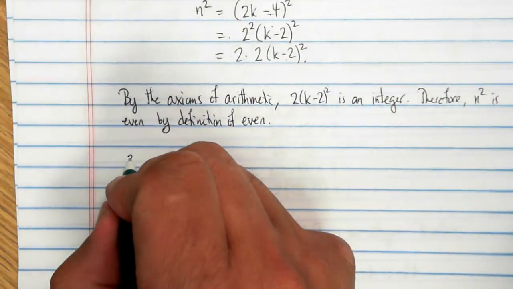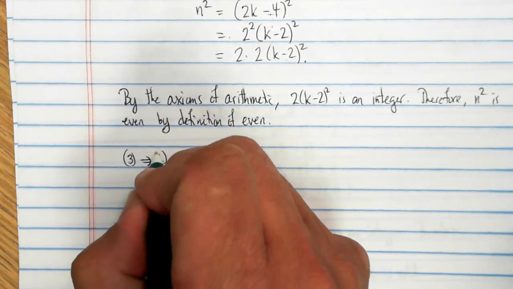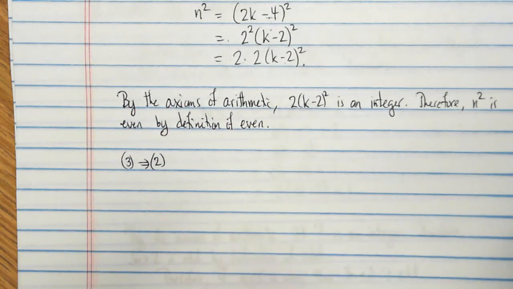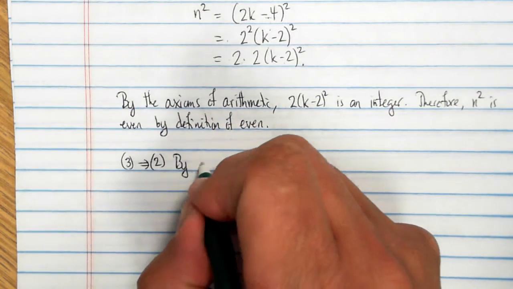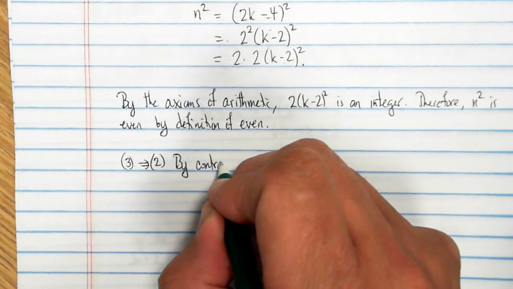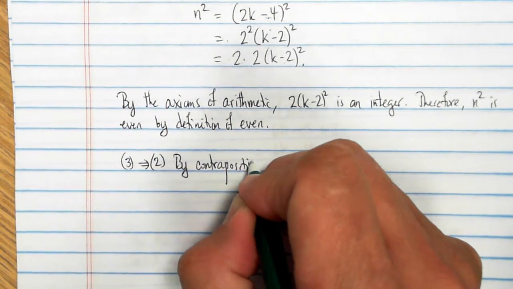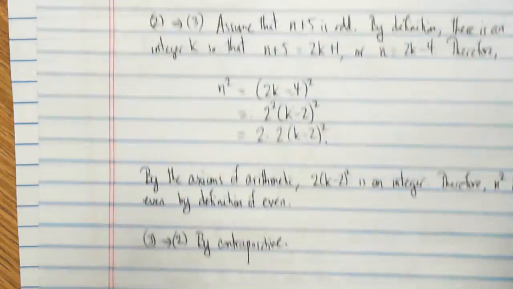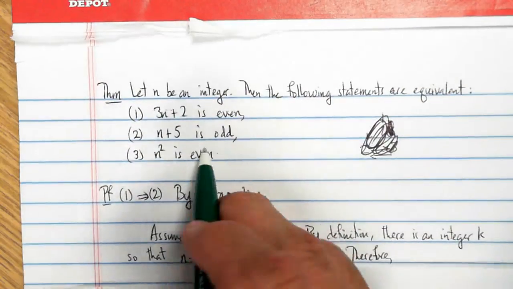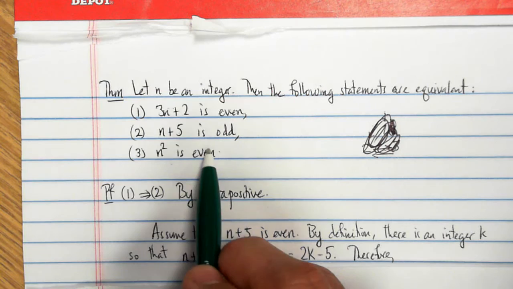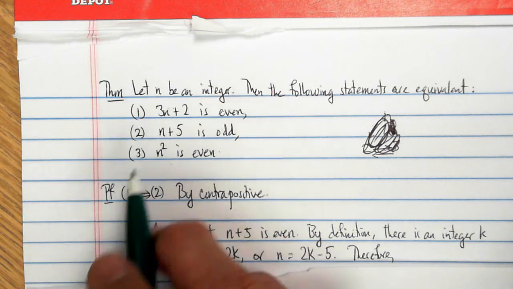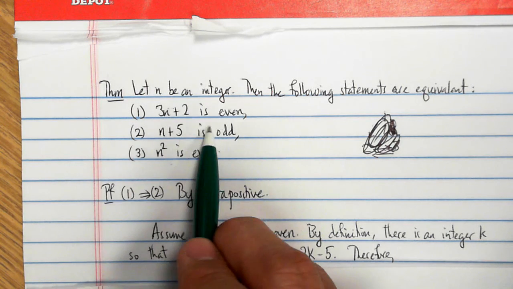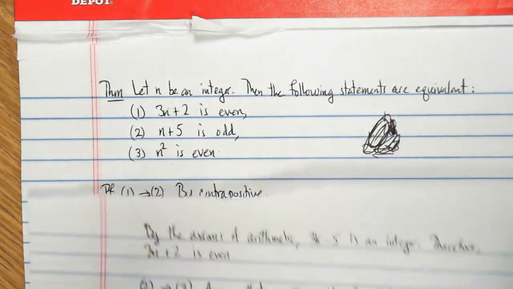Okay, lastly, we're going to do 3 implies 2. This one we're going to do by contrapositive. Just to remind ourselves, 3 implies 2 is to show that if n squared is even, then n plus 5 is odd. We're going to take the contrapositive. If n plus 5 is even, then n squared is odd.